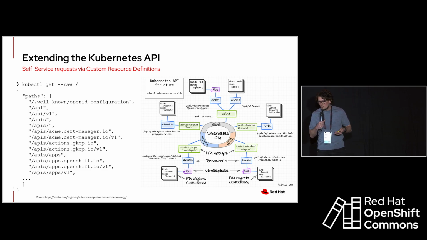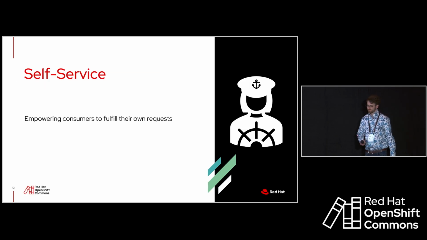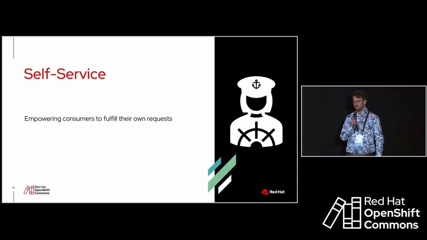Through those components in our platform, which are API-driven, providing self-service through custom resources and operators, we provide a lot of flexibility to our teams. This API-driven self-service capability is the glue that brings together all of our individual services and components of our platform into one cohesive product, empowering the consumers to fulfill their own requests.